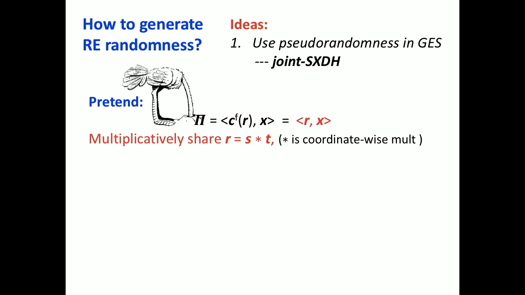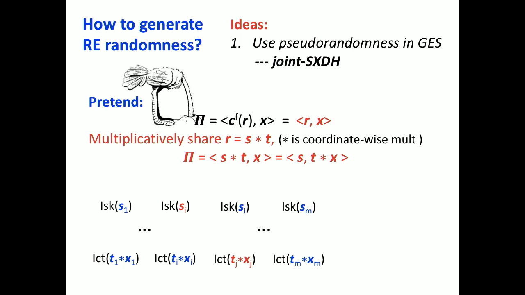So now the idea is that I can multiplicatively share this randomness R as the coordinate-wise product of random vectors S and T. And now I can compute this inner product by computing S inner product with T multiplied by X. So I basically separate those two multiplicative shares in two different locations.